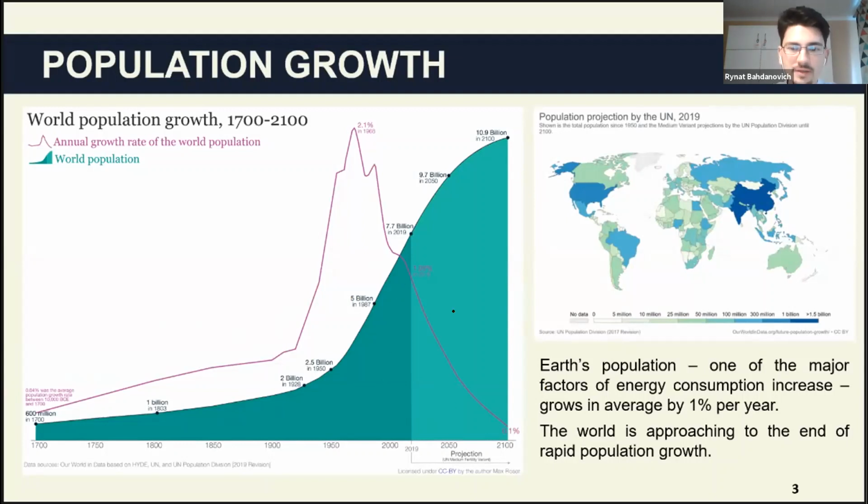Today, the annual growth rate is around 1%, and it is slowly approaching 0. As you may have noticed in the animation, the biggest growth of population is anticipated to be in Africa, Asia, Indonesia, and surrounding islands.